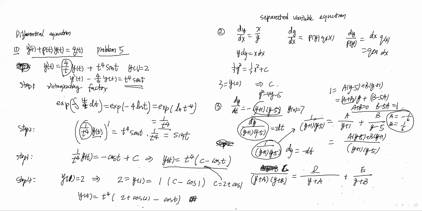After you got this, you can say your right hand side is, you get this, your right hand side should be, and then you integrate it like what I said before. Okay, I will not repeat it again.